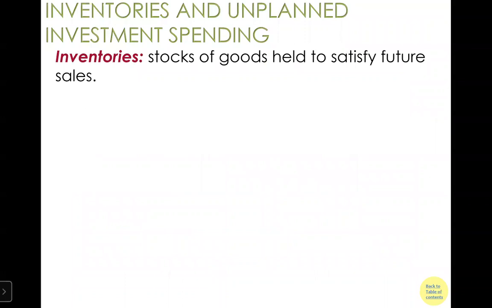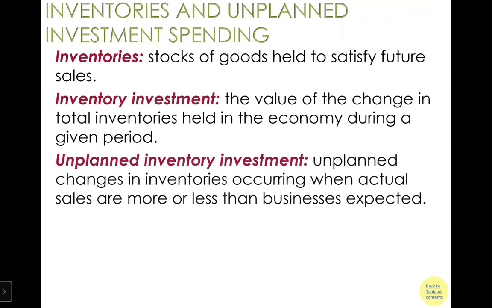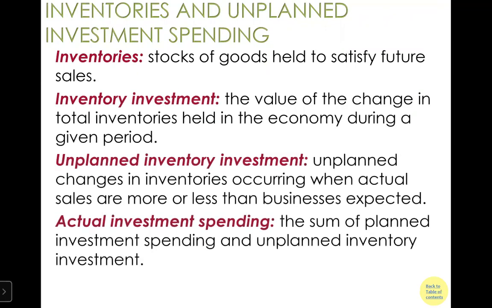Now, to finish this part, we need to look at a few additional concepts. There are four concepts. First is inventory, which is stocks of goods held to satisfy future sales. Just imagine you go to Costco or a bakery or a car dealership.